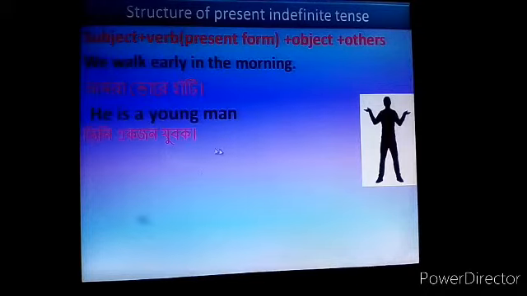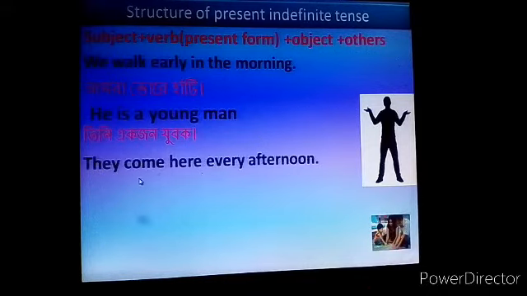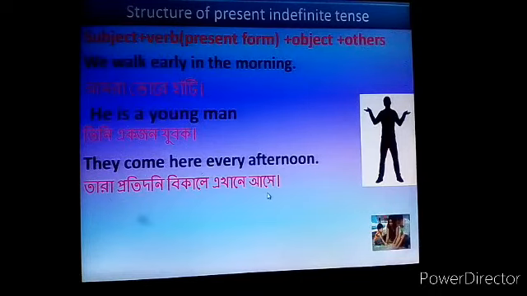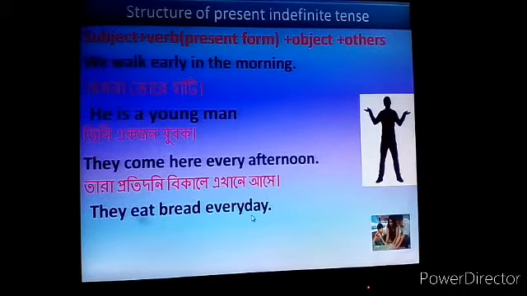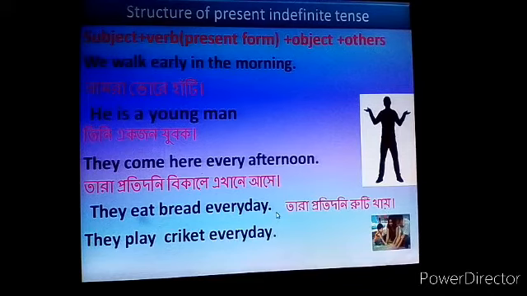Here is the Bengali meaning. You can see other examples. They come here every afternoon. They eat bread every day. They play cricket every day.